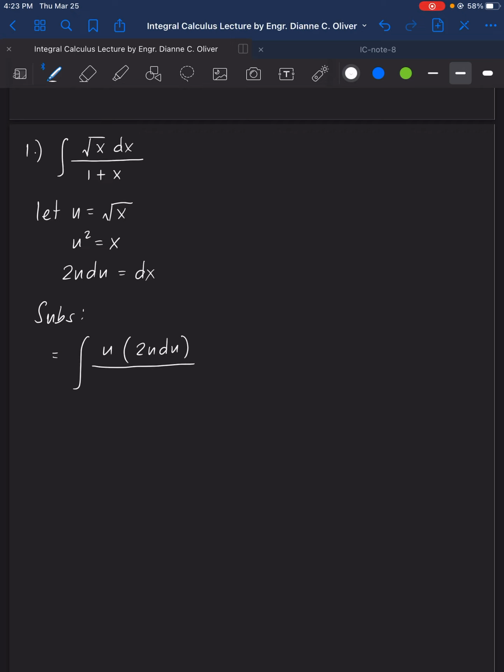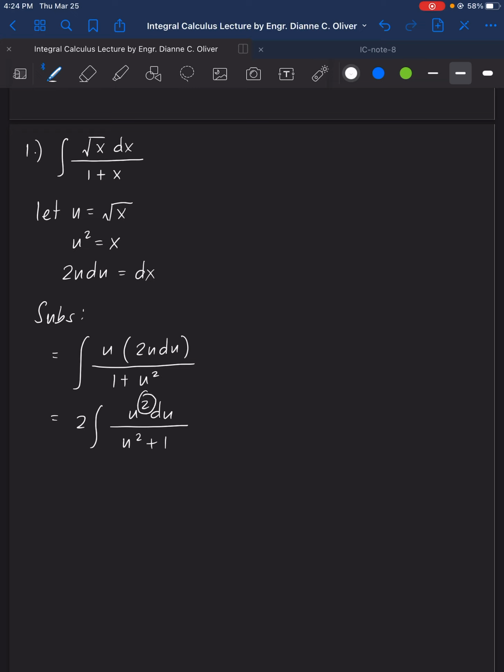Then 1 plus the x here is u squared, so it becomes 1 plus u squared. So this is equal to, let's bring out 2 here, square root of u squared du all over 1 plus, or that is, let's put here u squared plus 1.